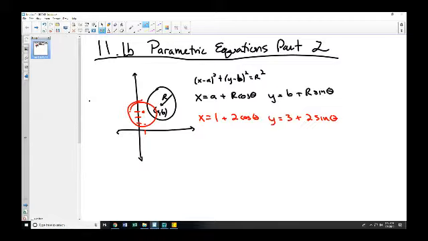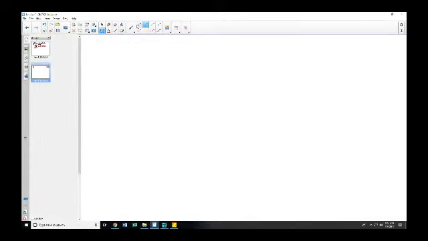Okay, ellipse. Pretty rare to see it in calc, but do you remember the pre-calc formula for this?